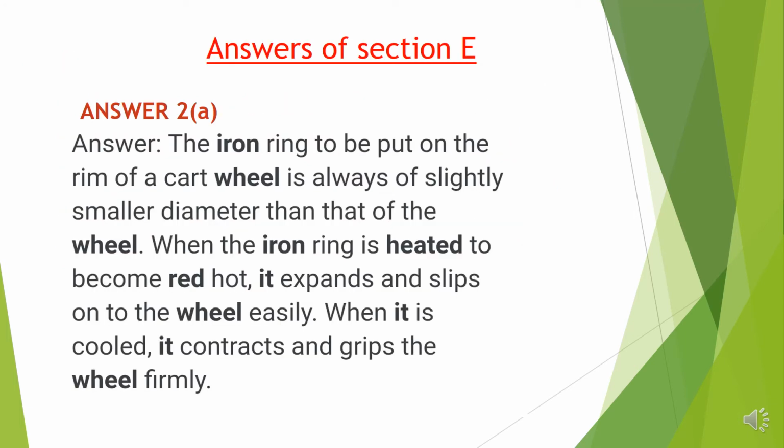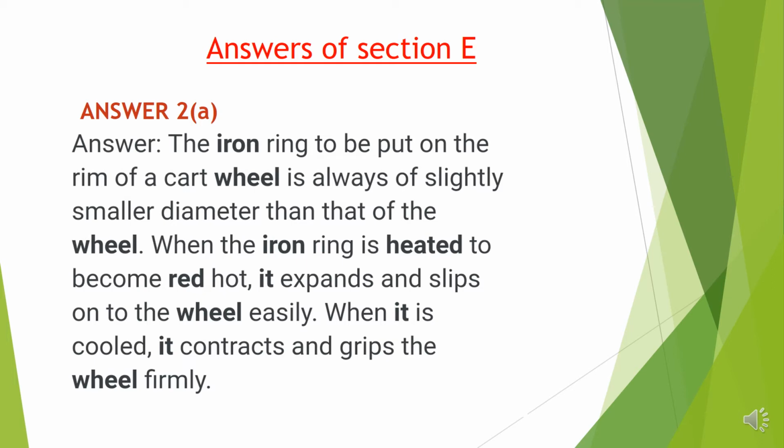Question number 2A, we have to reason out why iron rings are heated red hot before fixing them on cart wheels. Now these iron rings which are to be put on the rim of the cart wheel are always of slightly smaller diameter than that of the wheel.